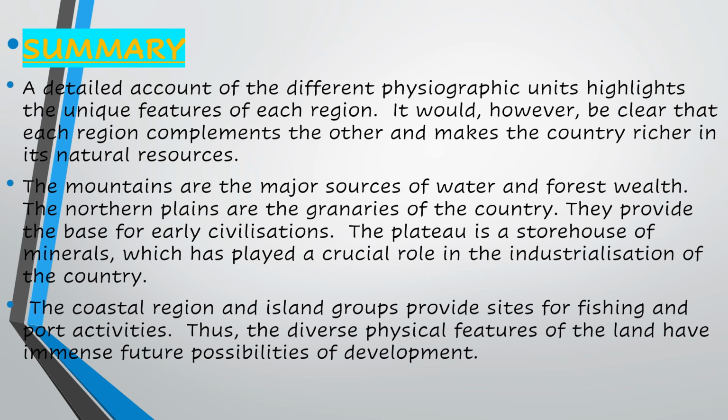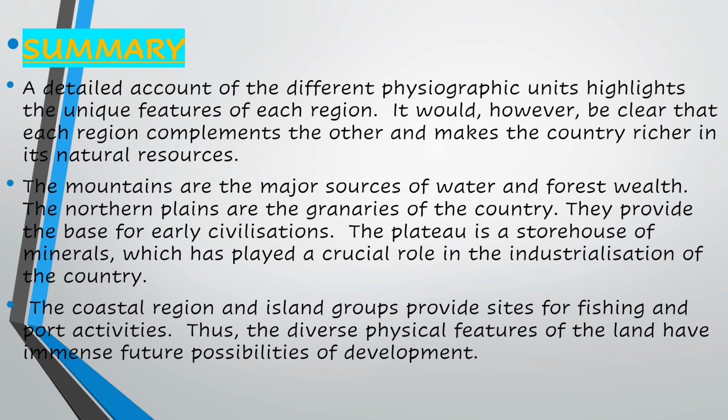So this particular chapter gave us a detailed account of the different physiographic units, highlighting the unique features of each region. It would, however, be clear that each region complements the other. The Western Ghats and the Eastern Ghats are complementary to each other and make the country richer in its natural resources.